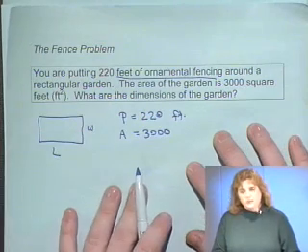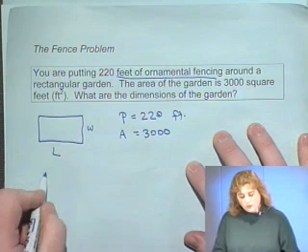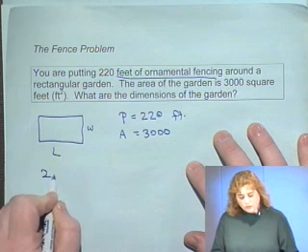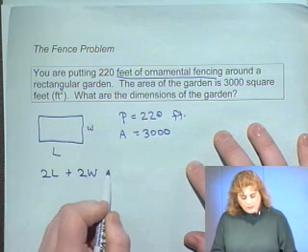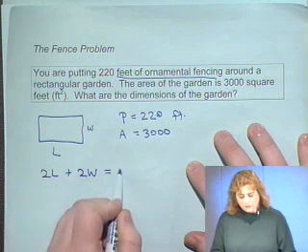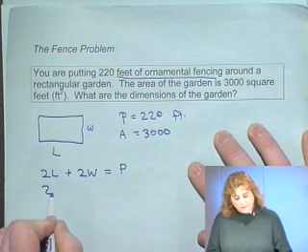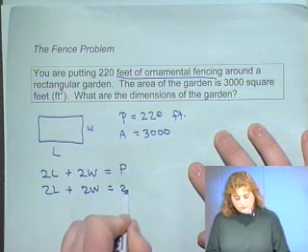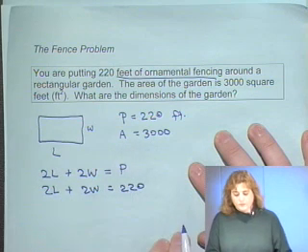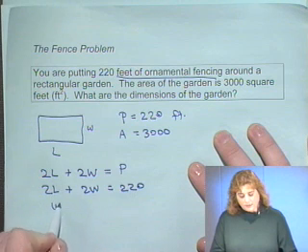Now, to find the dimensions, I need to use what I know about perimeter and area. What do I know about perimeter? Well, 2L plus 2W is equal to the perimeter P, and I can put a number in for P, 220. I also know that the area is width times the length.